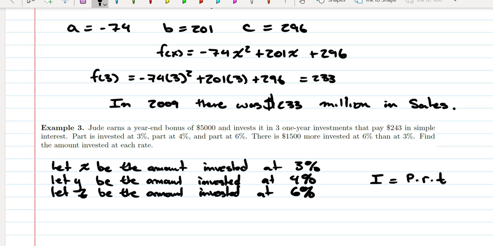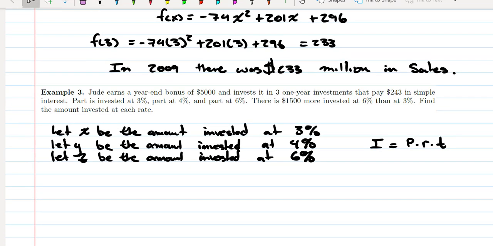Jude earns a year-end bonus of $5,000 and invests it in 3 one-year investments. So if x is the amount at 3%, y is the amount at 4%, and z is the amount at 6%, we then have that x plus y plus z has to equal the total amount invested, which is $5,000. So that gives us one equation.